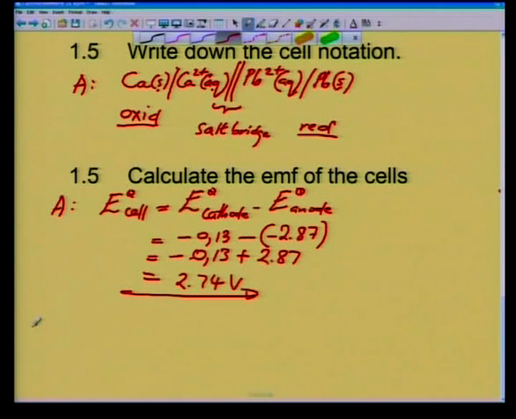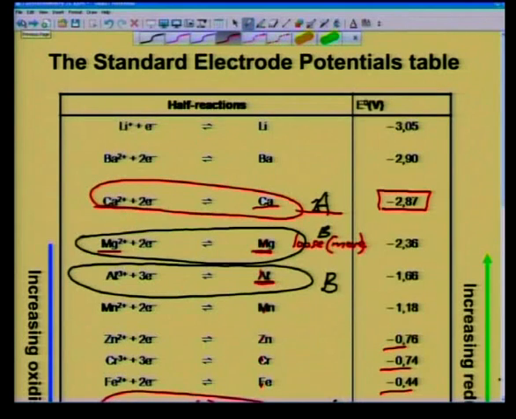EMF of B, I'm not going to write the formula again because we have it now. It is going to be E cathode minus E anode. What is our cathode here between aluminium and magnesium?